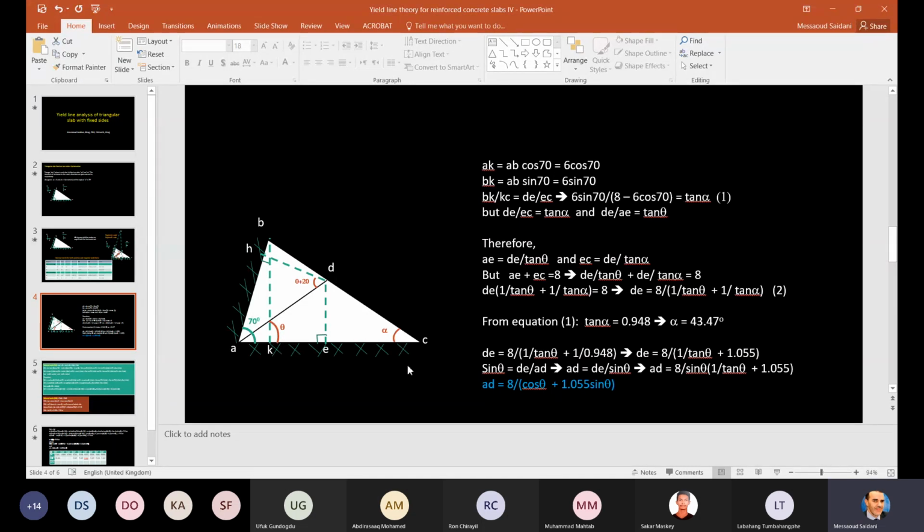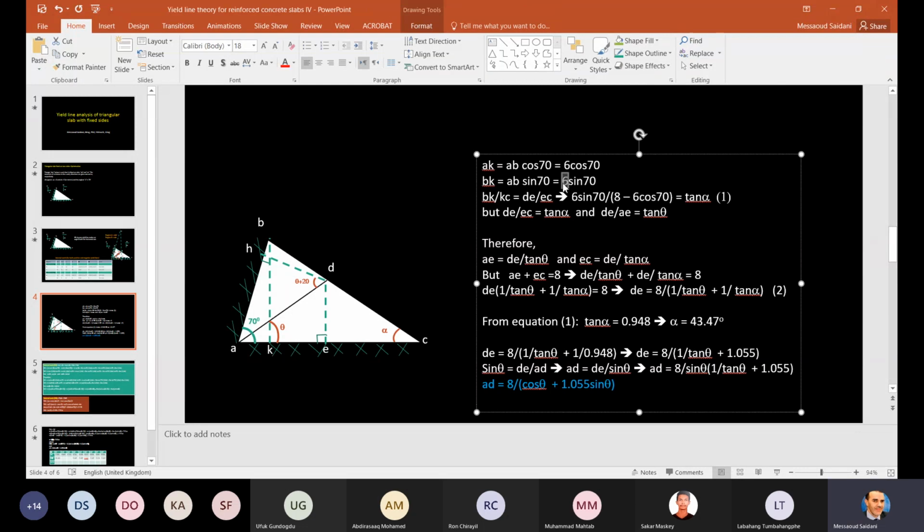Anyway, you follow this. So we have got AK is AB cos 70, and then we have BK is AB sine 70, and we know AB is 6. So therefore, I can determine AK is 6 cos 70, BK is 6 sine 70.